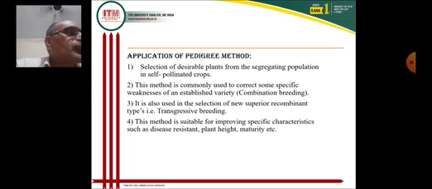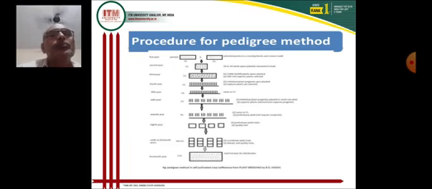To correct the weakness, this method is applied. It is also used in the selection of new superior recombinant type or transgressive breeding. This method is suitable for improving specific characteristics such as disease resistance, plant height and maturity, etc.